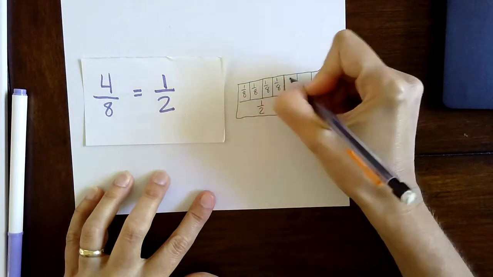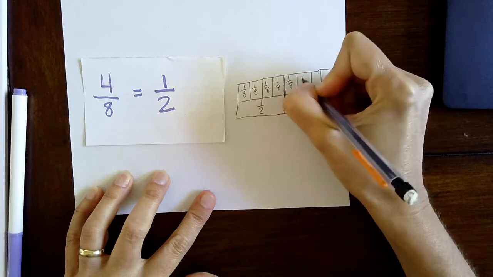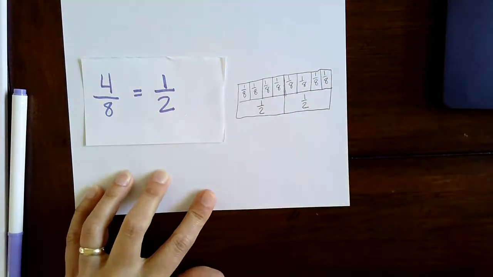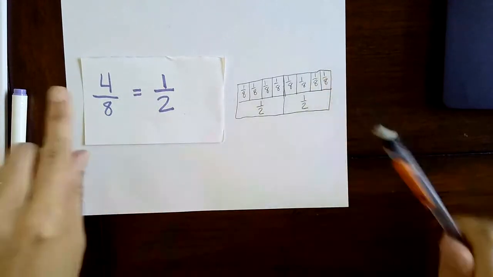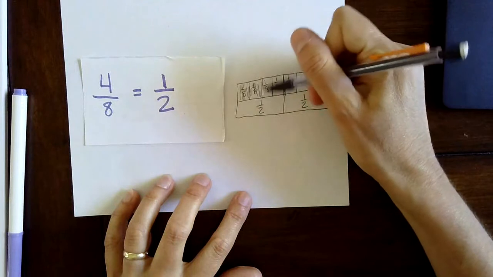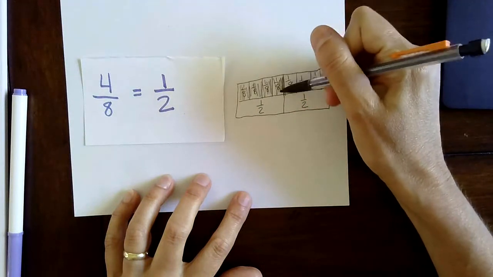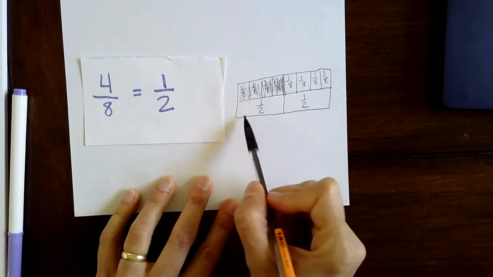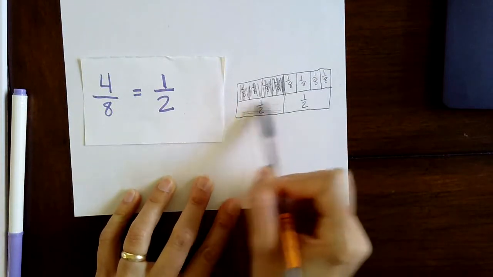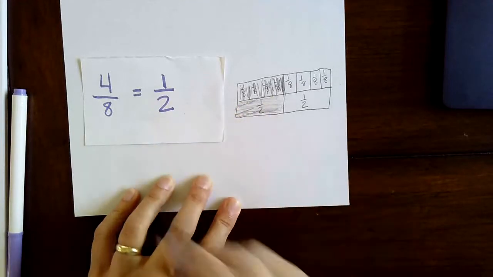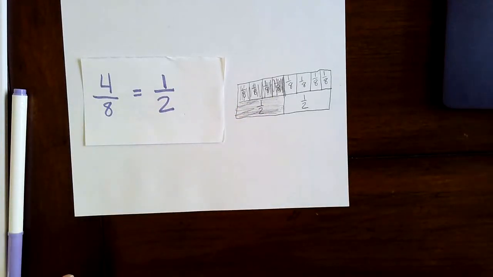Get all your 8s. 4/8, 5/8, 6/8, 7/8, and 8/8 for the whole. Now, we knew there were 4/8, so I'm going to shade the 4/8. And what we didn't know was how many halves. But we figured out using our circle fraction that 1/2 is equal to 4/8.